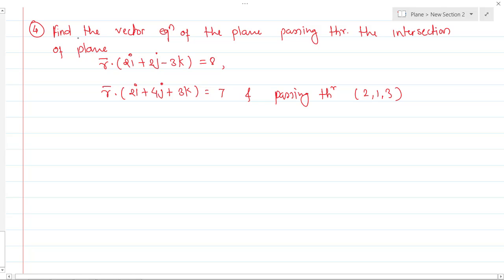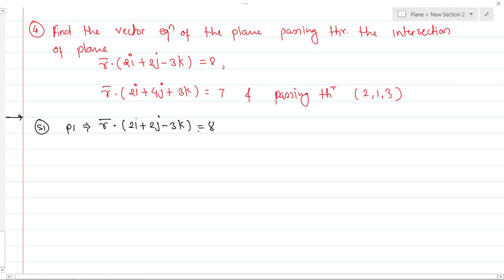Again, read the question very carefully, get what information they have given, understand the question. Okay, very good. Step number 1, what they have given: plane 1 is nothing but R bar dot 2i plus 2j minus 3k equals 8.